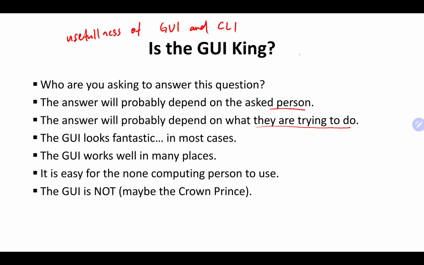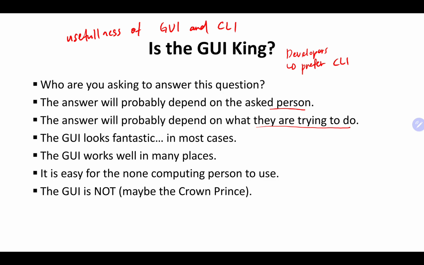Okay, first, let's say we give one person's role here. Let's say we ask a person who is a developer or a professional in the computer science field. If we ask them which one is better, they prefer CLI. Why? It is for the efficiency when we want to perform tasks or we want to test something.